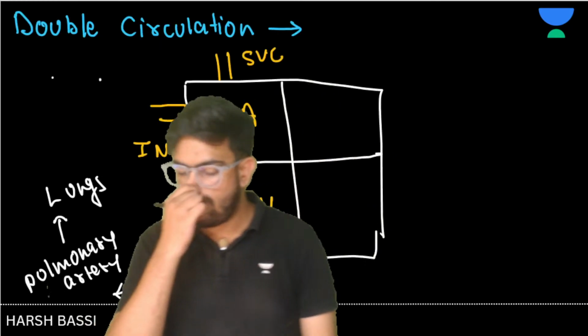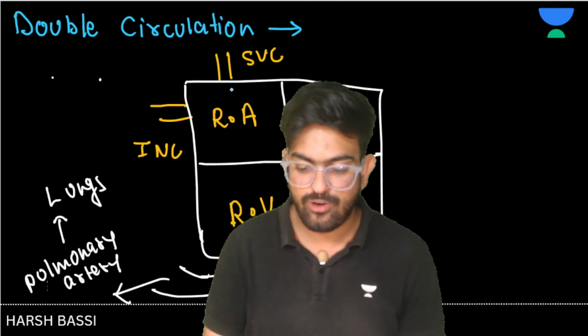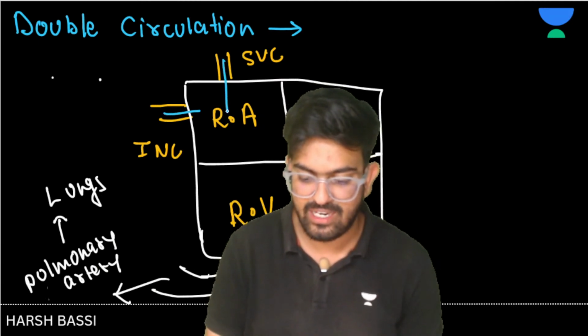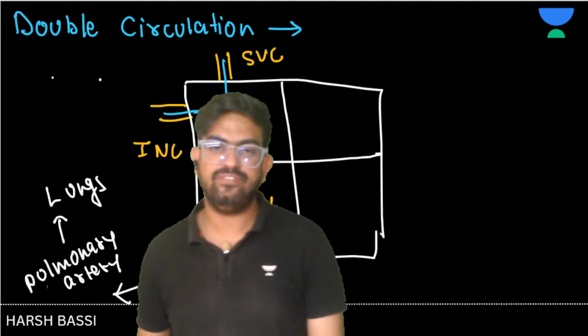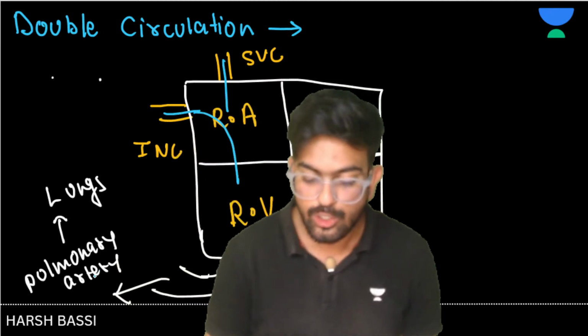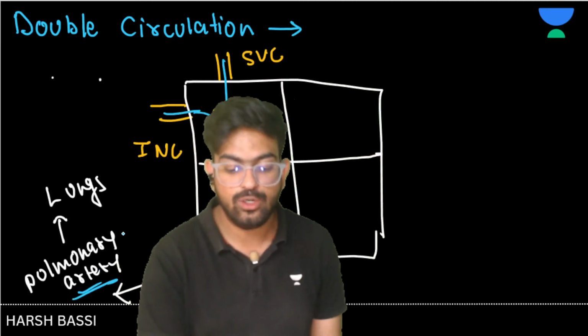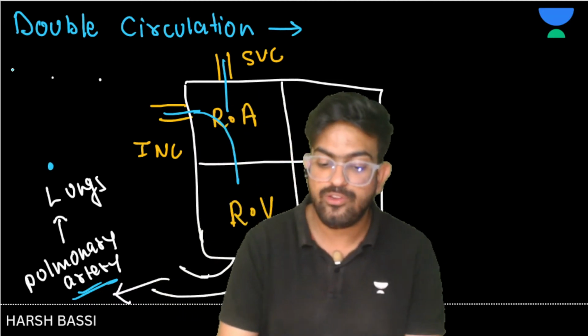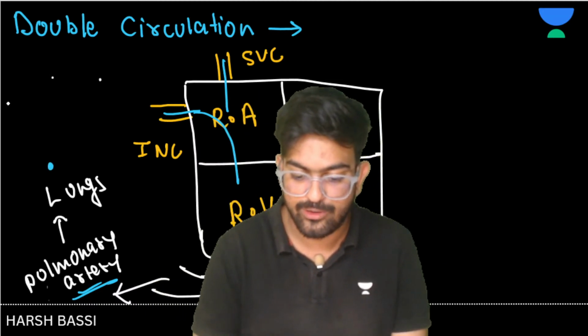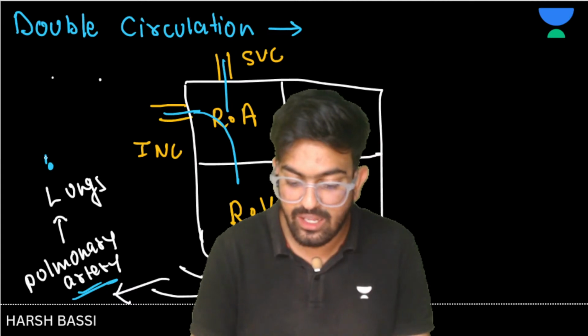Now the blood is coming from the superior vena cava and inferior vena cava and entering into the right ventricle. From the right ventricle, through the pulmonary artery, it goes to the lungs. And from the lungs, bachcho, the pulmonary vein is originating.